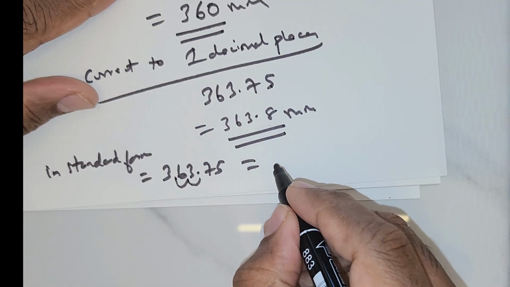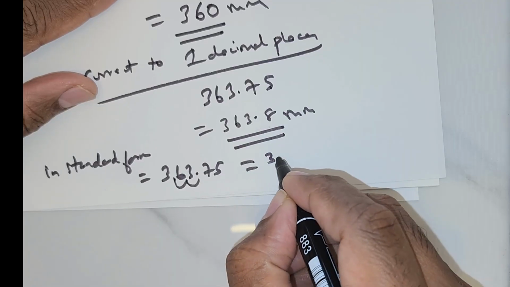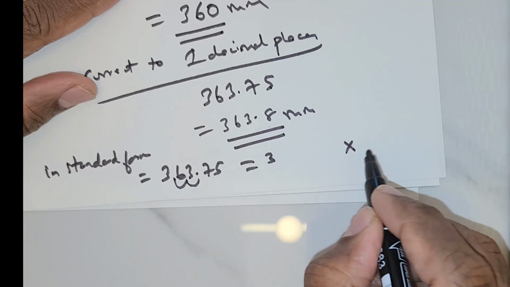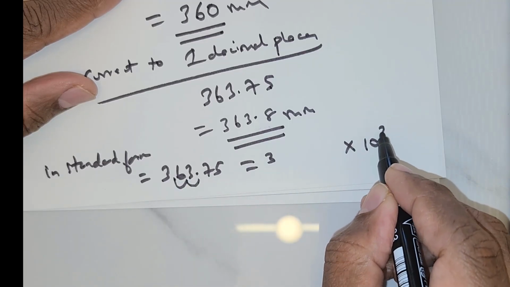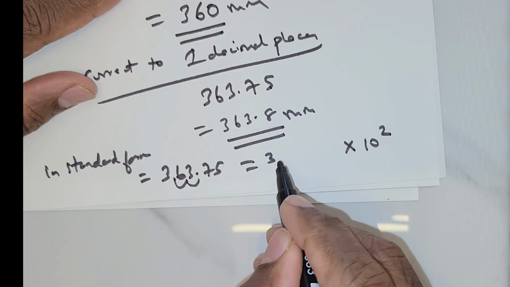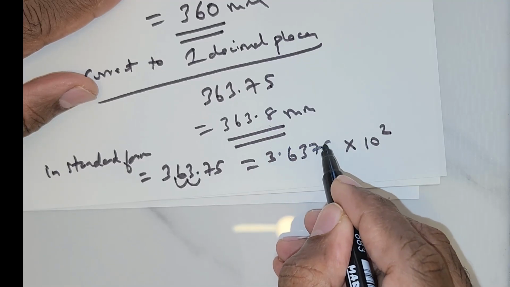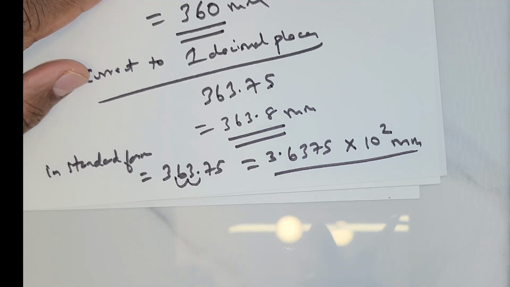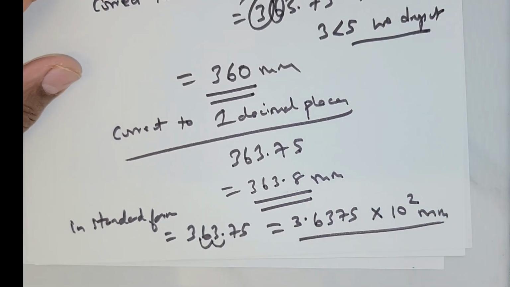If it moves towards the left, we will have to multiply with the number of places it is moving. 1, 2. So I need to multiply with 100. That's nothing but 10 squared. So the value is 3.6375 times 10 squared mm. Okay, so that is in standard form, right?